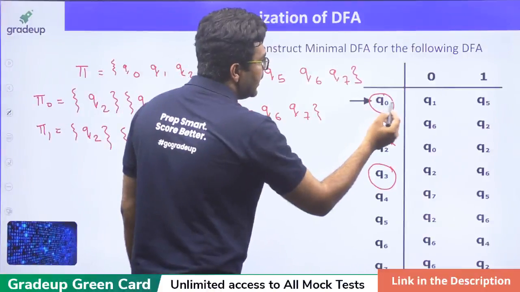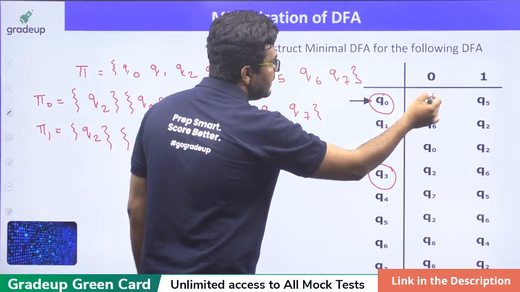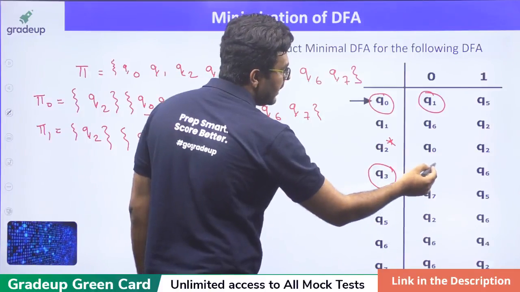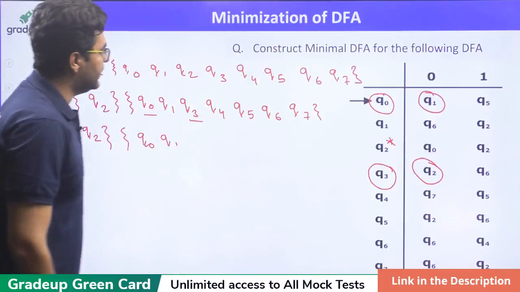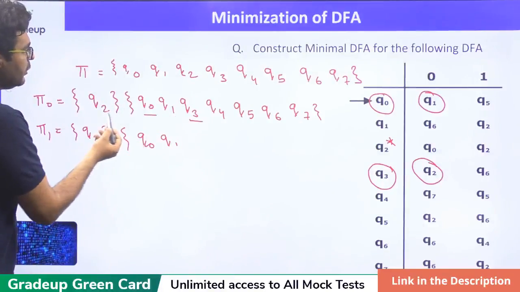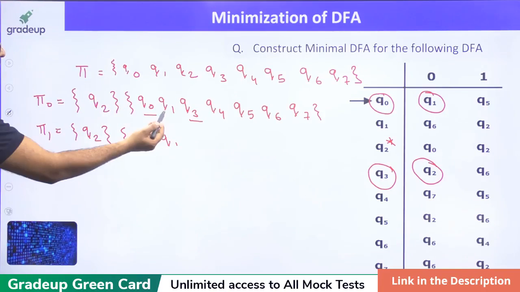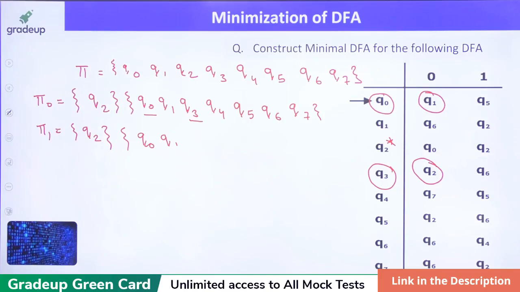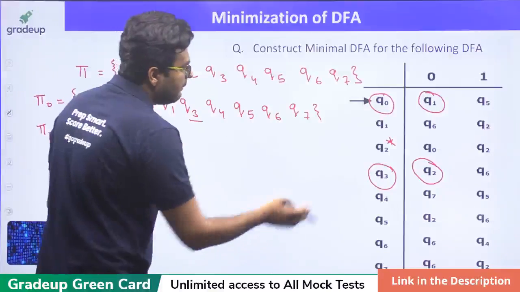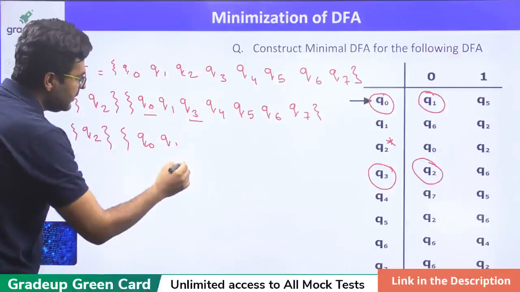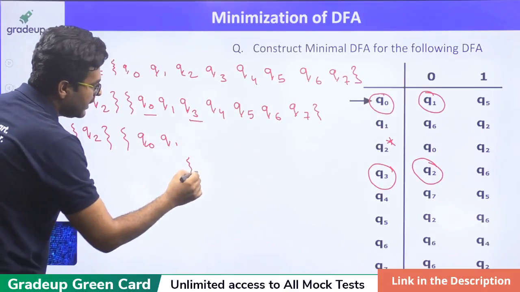At Q0, after giving 0, we are going to Q1 state, and here we are going to Q2 state. Now check whether Q1 and Q2 are in the same set. No, they are in different sets. Q1 is in one set and Q2 is in another. So we cannot keep Q3 with Q0. For Q3, we need to create a new set.